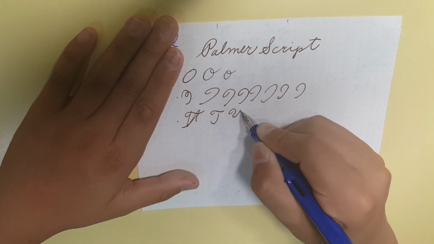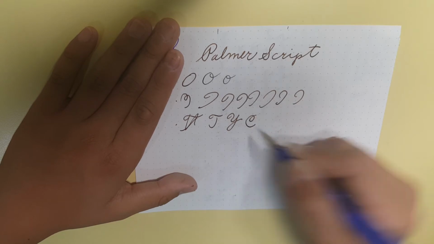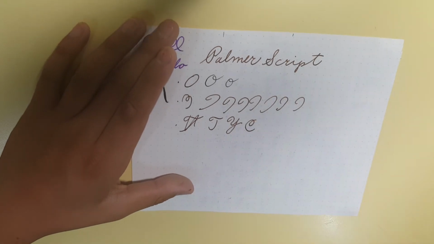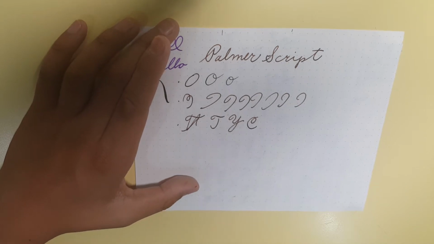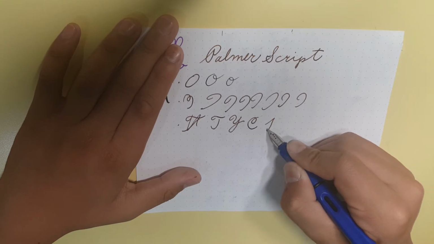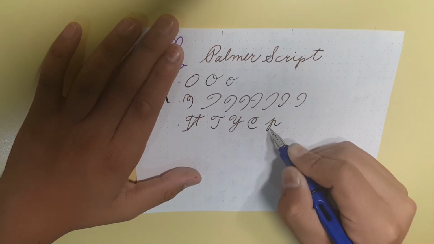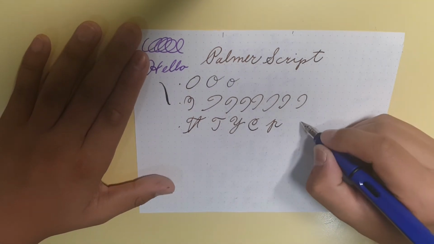Here we have Y here. There. C. And even in some lowercase... Oh, actually, we don't really use them in lowercase letters, but even in the lowercase p, you have your bottom loop there. So that's another stroke we have to learn, this top loop.